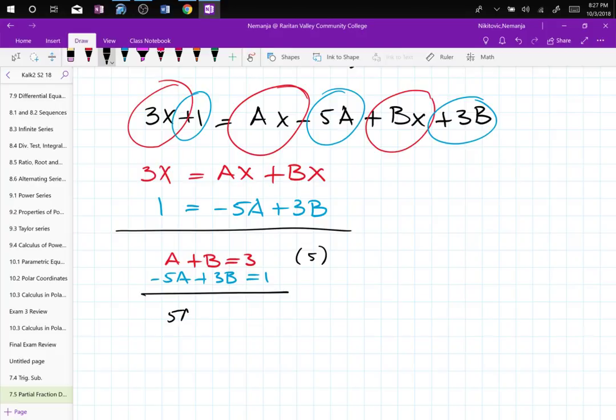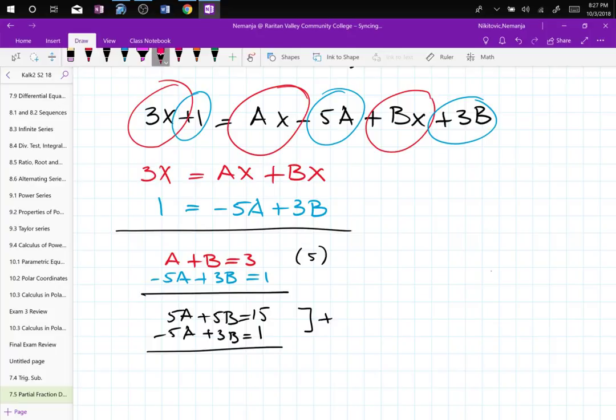That will give us 5a plus 5b is equal to 15. Negative 5a plus 3b equals 1. When you add these equations, a dies, right? Yes. And we have 8b is equal to 16. From there, b equals 2. And if b is equal to 2, looking at the first equation, a must be 1.